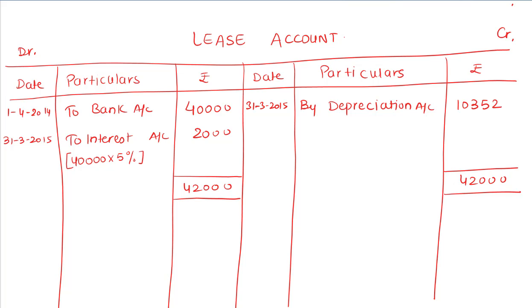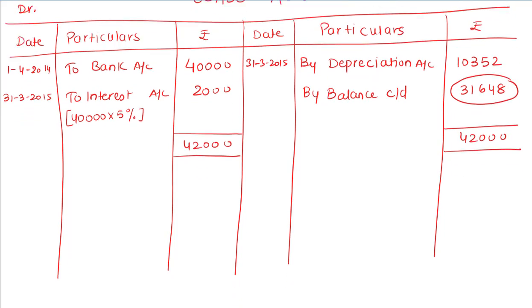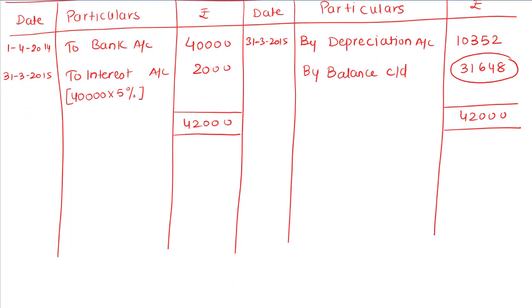Let's move ahead. By balance carried down, 42,000 minus 10,352 is 31,648.